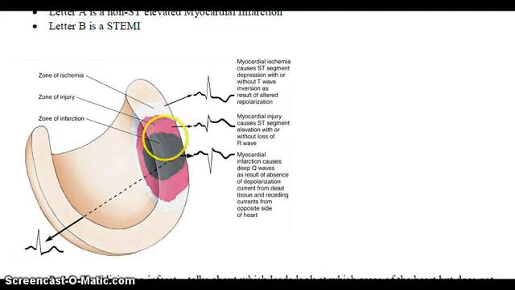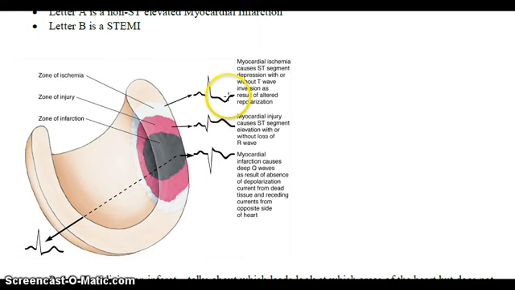Okay, and then this picture is just basically demonstrating the same thing. Here is showing you ischemia, which is decreased blood supply, an injury, meaning tissue is starting to die, and then infarction is actual tissue death. And again, this is what the EKG would look like for a normal heart muscle.